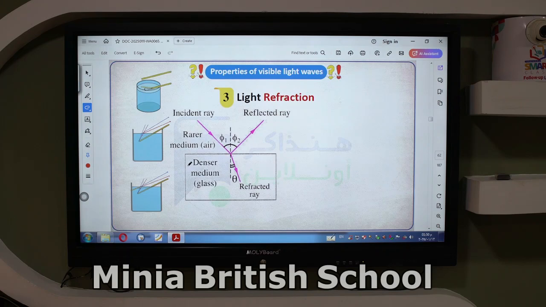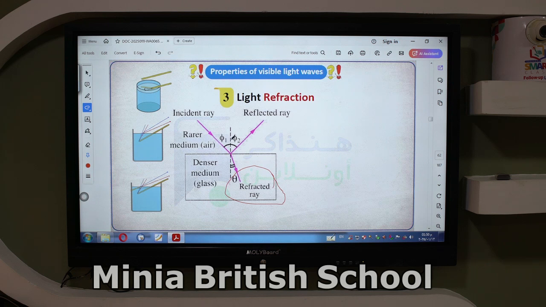Light refraction. Refraction means what? We have an incident light ray and a refracted light ray. The incident light ray with the surface makes two angles.